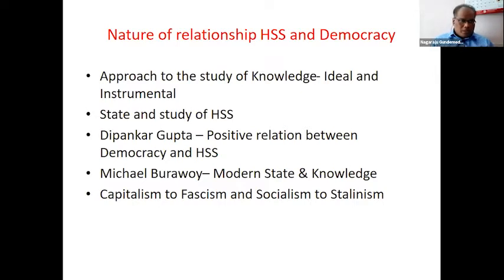So friends, this is where I wish to highlight the nature of the relationship between the state and the study of humanities and social sciences all over the world. The state is always a bit scared of the humanities and social sciences, unlike the sciences. Of course, the state was very much scared of science before the Renaissance movement.